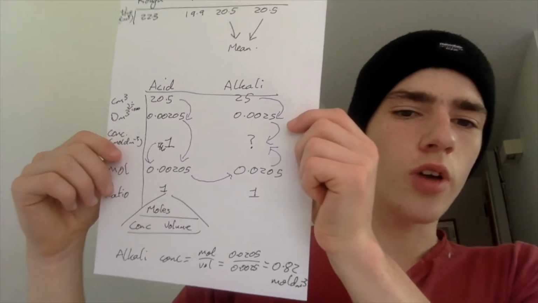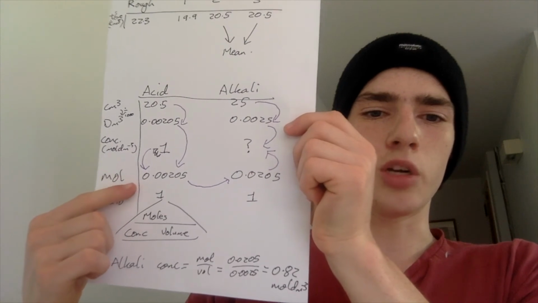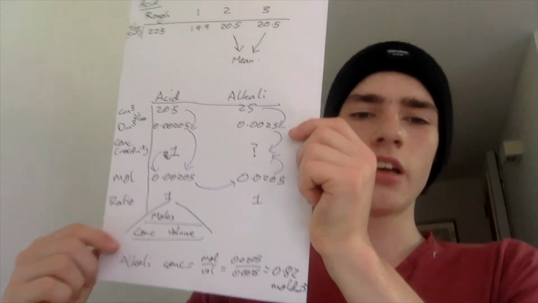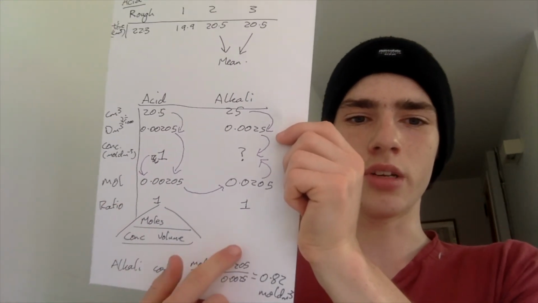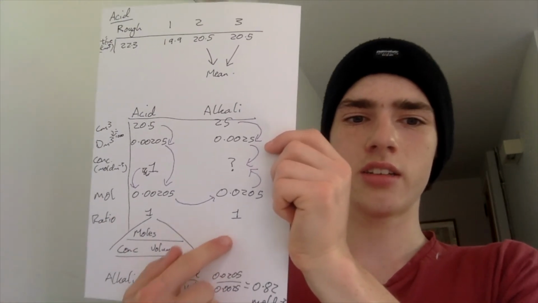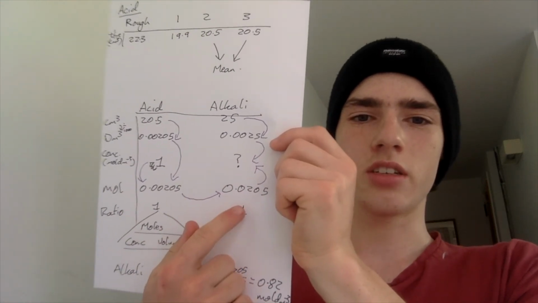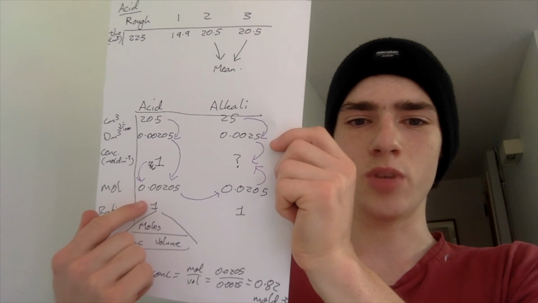If there were 2 alkali molecules reacting with 1 acid molecule in the big equation, then you'd have to double the number of alkali moles, because that's the amount of molecules that react with the acid molecules.